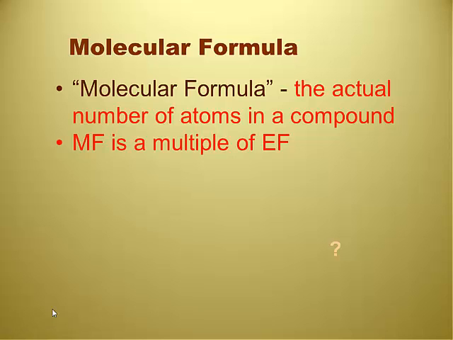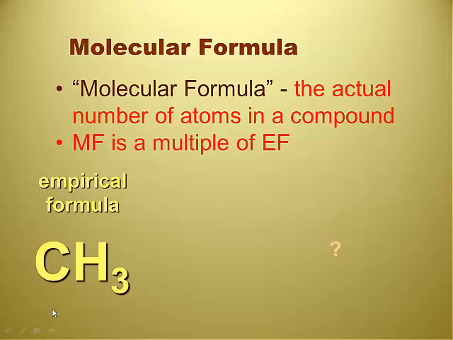So basically CH3 we know is an empirical formula. Correct. A molecular formula is a multiple of this. I could state a couple of different molecular formulas for that: C2H6, C3H9, C4H12.